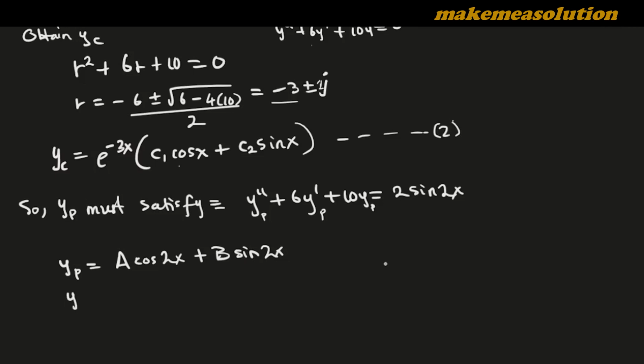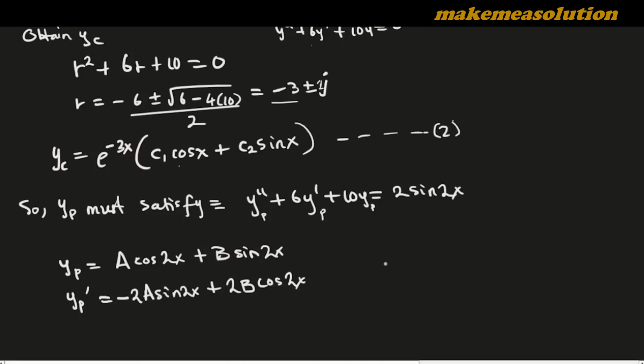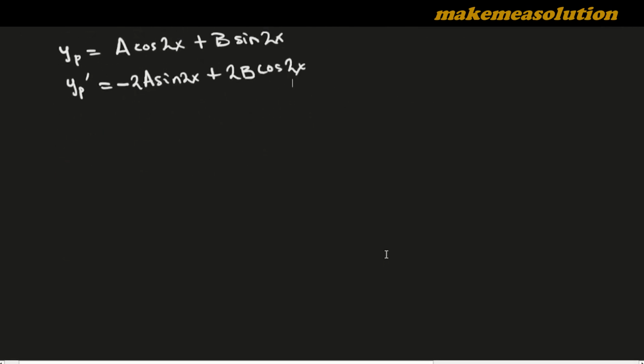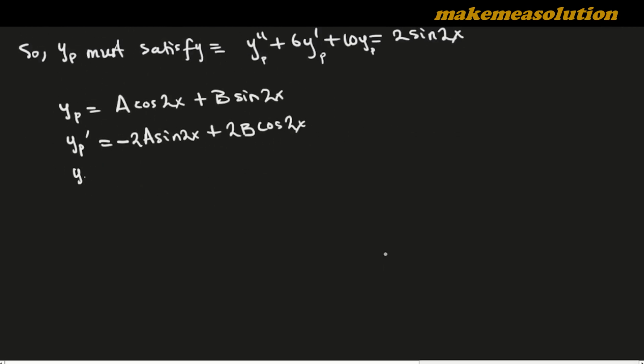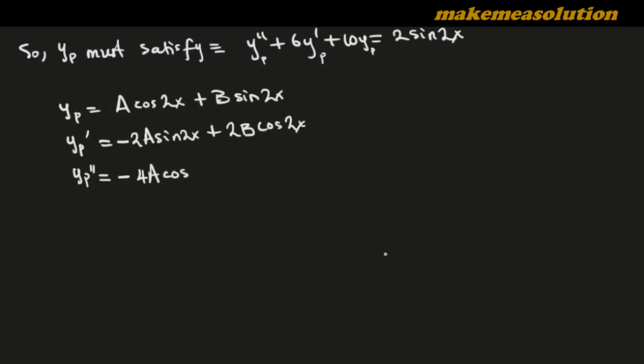So yp prime is going to be minus 2a sine 2x plus 2b cos 2x. And yp prime prime, when you differentiate, you get negative 4a cos 2x, then negative 4b sine 2x.